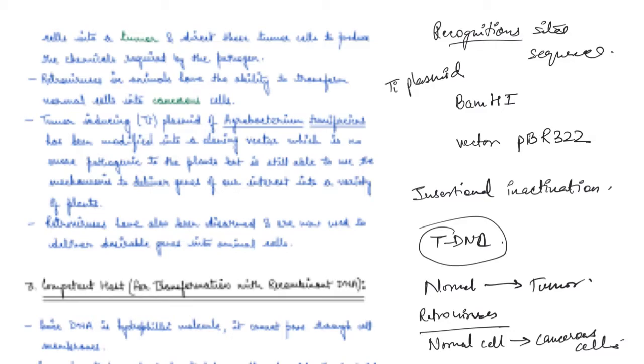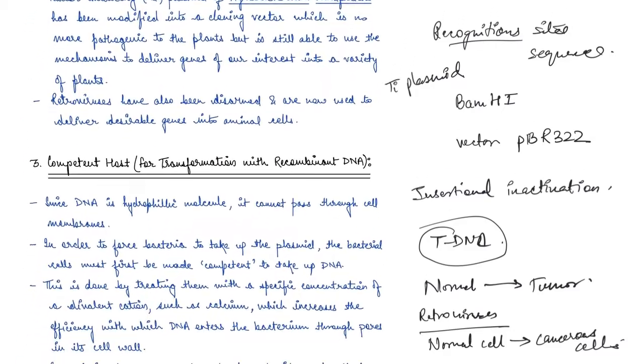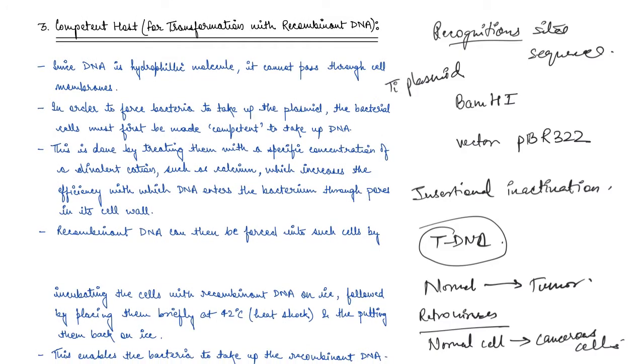Now apart from that, the third tool required for recombinant DNA technology is having a competent host. So a competent host also is required for transformation with recombinant DNA. Now say since DNA is a hydrophilic molecule, it cannot pass through the cell membrane, right? So in order to force bacteria to take up the plasmid, the bacterial cells first must be made competent to take up that DNA.